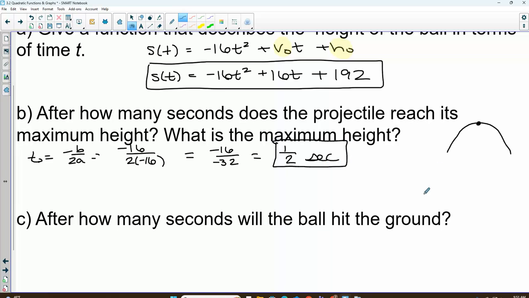If I want to know what is the maximum height, what do we have to do? Enter a half into the problem. Yep. So s is height, we need to find height at 1/2 second.